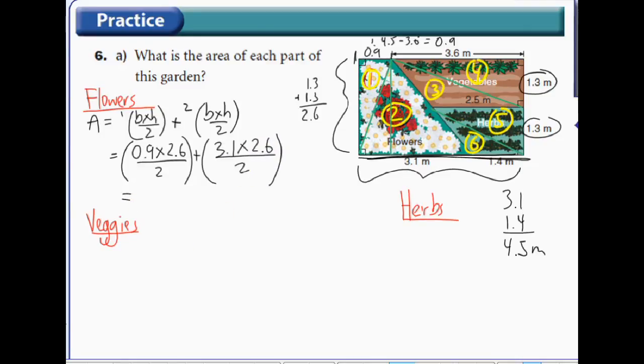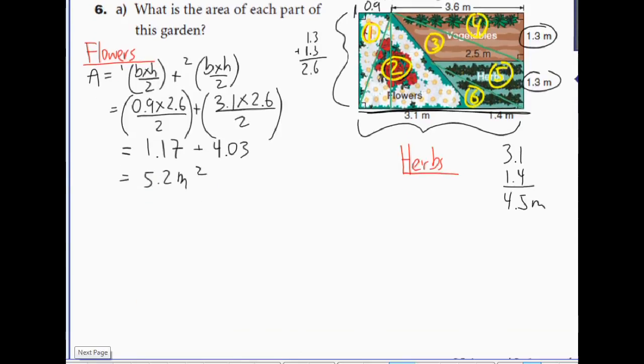Get out the calculator. 0.9 times 2.6 divided by 2 equals 1.17, plus 3.1 times 2.6 divided by 2 equals 4.03. We'll add those two together, and it will give us 5.2 meters squared. That's the flowers.